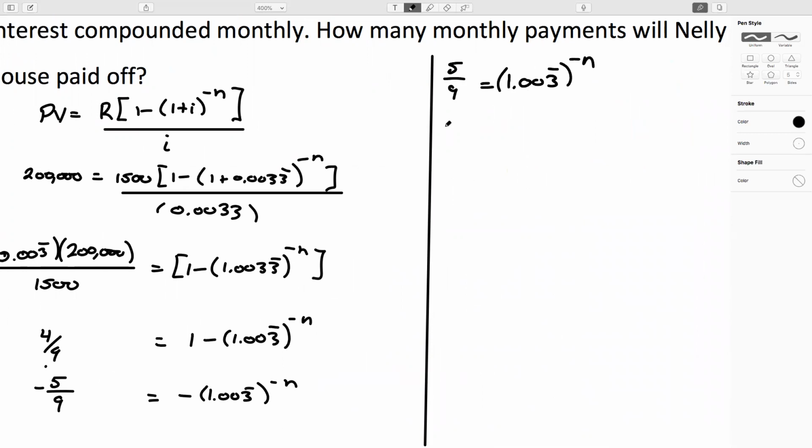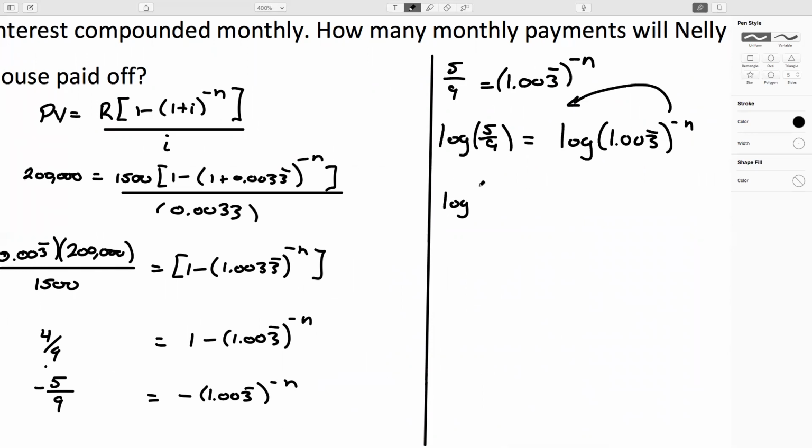Take the log of both sides. Log of 5 over 9 equals log of 1.0033 repeating to the negative N. I can now remove my exponent. Log of 5 over 9 equals negative N log 1.0033 repeating.